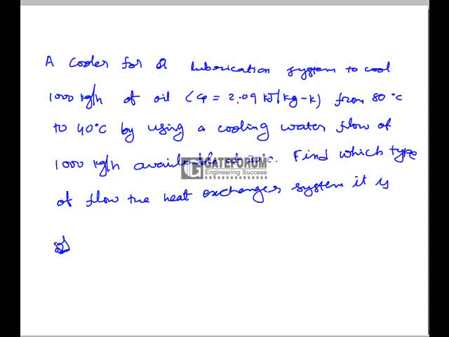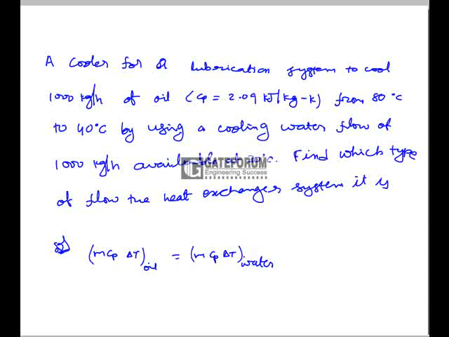So here the heat rejected by the oil is taken by the water, so that the heat rejected by the oil, mCp delta T of oil, is equal to the heat gained by the water.